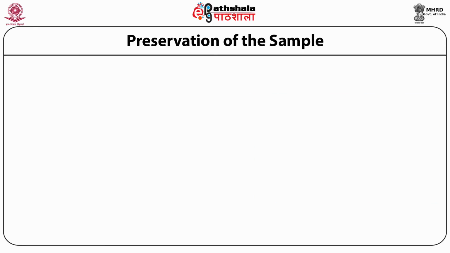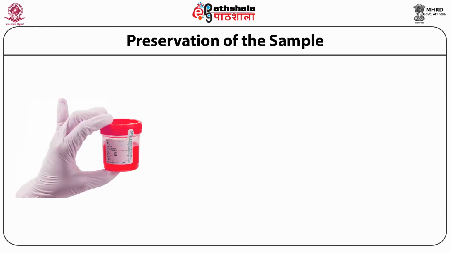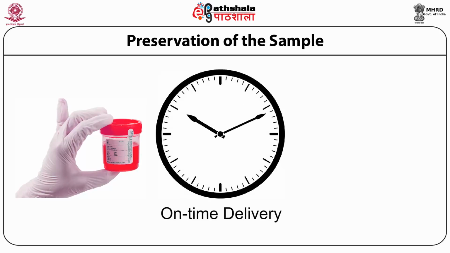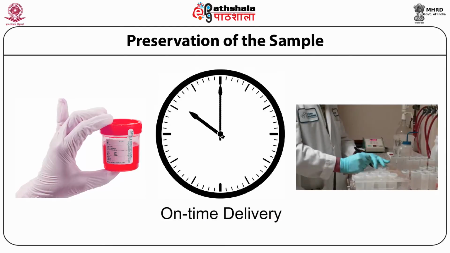After that, we use some preservation technique to preserve the sample prior to the analysis, because there is a time gap between when we collect the sample and when we take it to the laboratory for the final analysis. To fill this gap, we need to preserve the sample so that the original content of the water is preserved and we can assess the real content of the water sample.